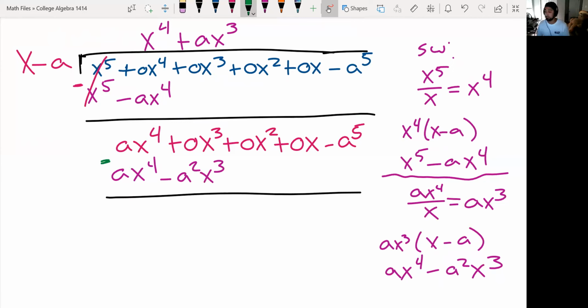Operation is subtraction. Ax to the fourth, gone. 0 minus minus becomes positive a squared x cubed. Everything else comes down.